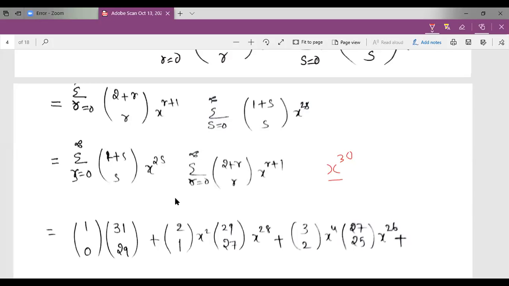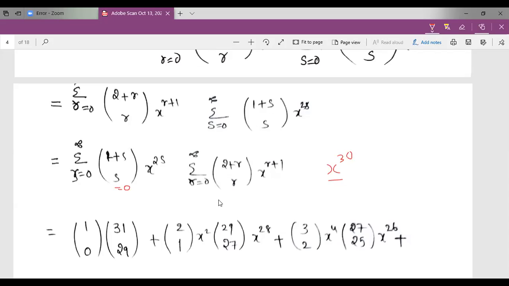Okay. So now we take s = 0 and r = 0. So we get C(1, 0) for this expansion, C(1 + 0, 0), x^(2 times 0), so x^0, 1. So here the value is 1.